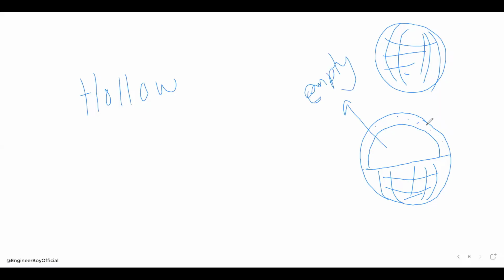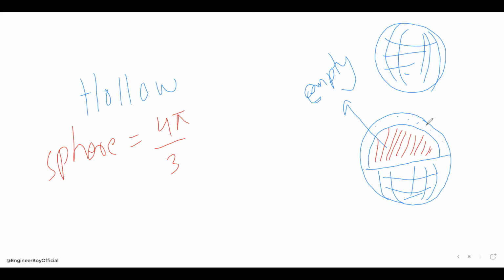So then we can, of course, determine the volume. We are going to subtract the internal volume, the inside volume, like this red shaded, from the external one. So the sphere volume, if it's hollow, must be 4/3, which is the same thing, and then pi, and we will subtract the inside radius: R cube minus small r cube.